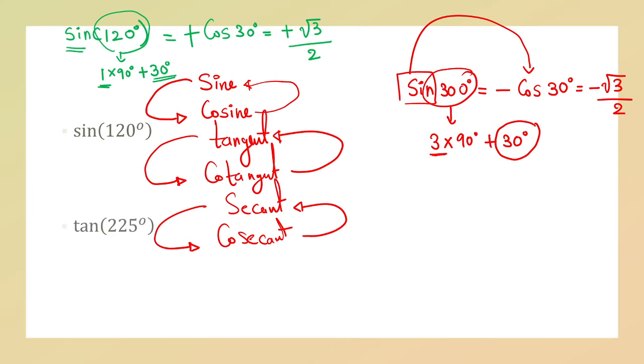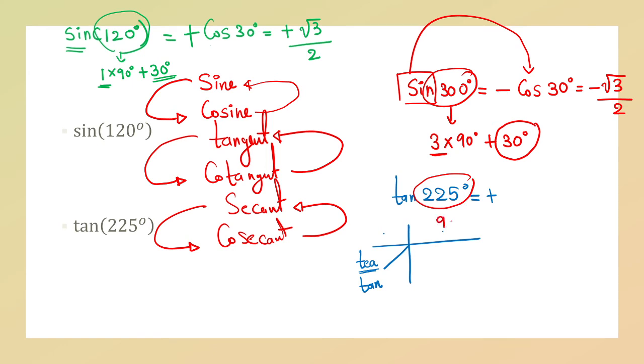The next is tan 225. Let's see the question over here with some other pen. So my tan 225 degree: first thing is to think about the quadrant. 225, can I say it would be in the third quadrant where it is T, all silver tea cups. So T means tan is positive. So whatever is my answer, it is a positive answer. The next step is to divide this angle by 90 degrees.